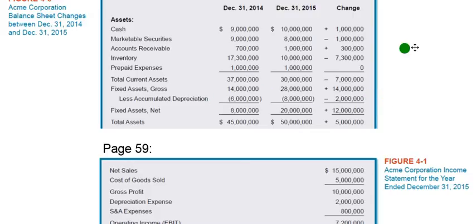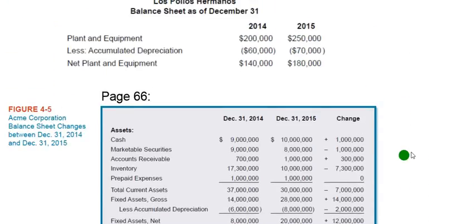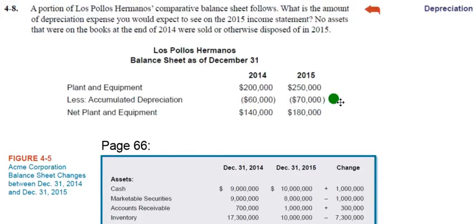So jumping back up to our problem, we simply want to look at the change right here. We simply want to see what is the change, and that is going to be what we would put on our income statement for depreciation expense. And that's just going to simply be the change from going from an accumulated depreciation of $60,000 to an accumulated depreciation of $70,000 in 2015.